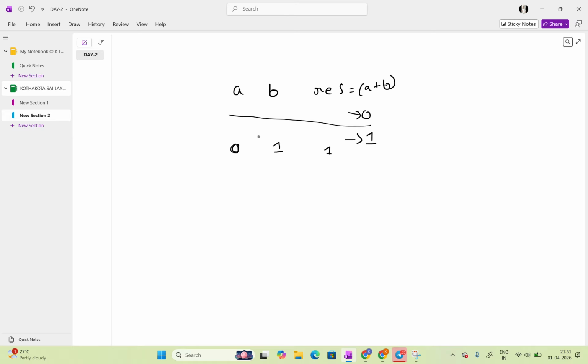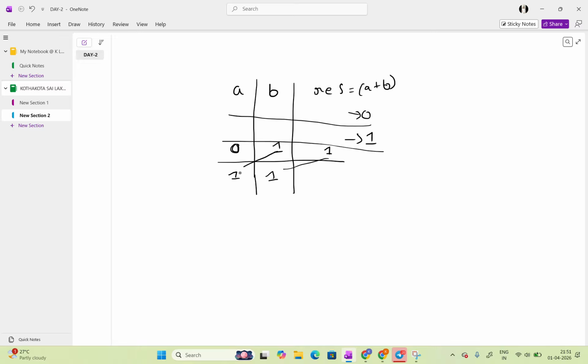This is one step. Try to understand. In the coming iteration, you have to copy b to a and result to b. So here it will be 1 and 1.